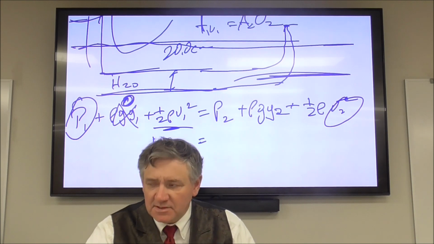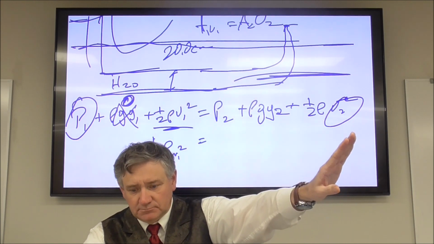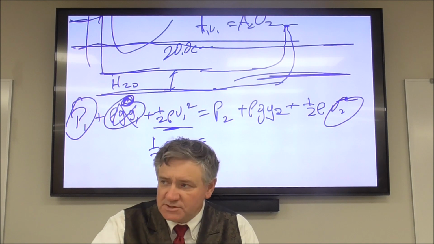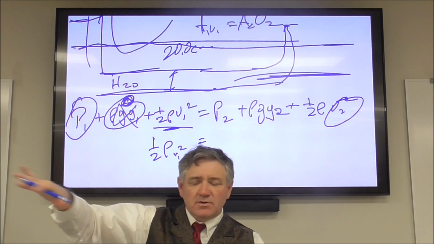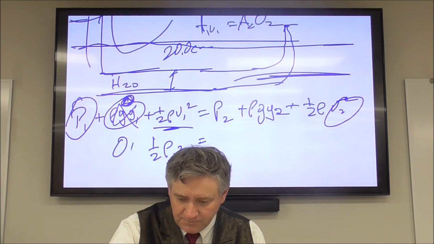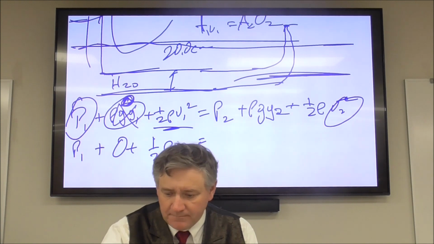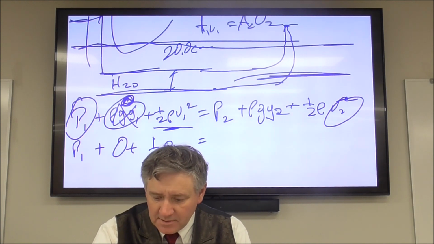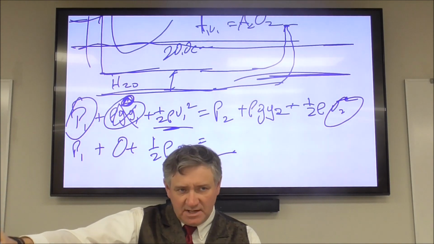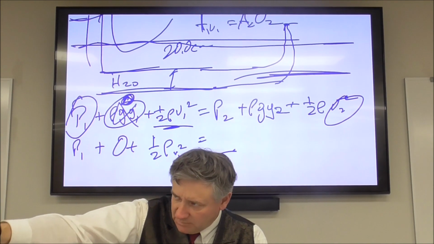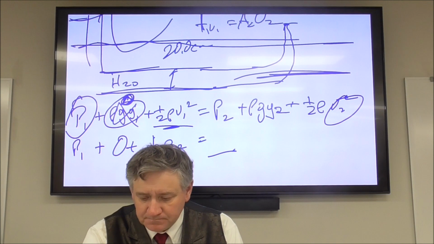Now, I'm going to leave out P2 for just a second, okay? The rho g y1, we're going to set that as 0, that goes away. This is 0, okay, plus P1. Now, I'm going to leave P2 out of this for just a second, okay? Don't worry about that.